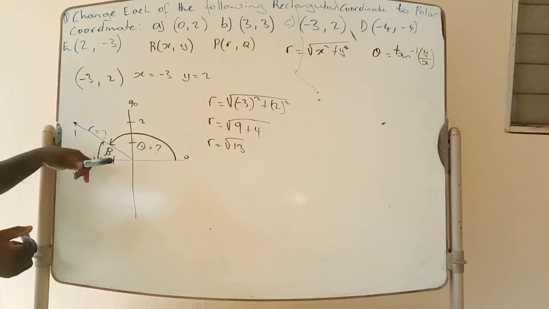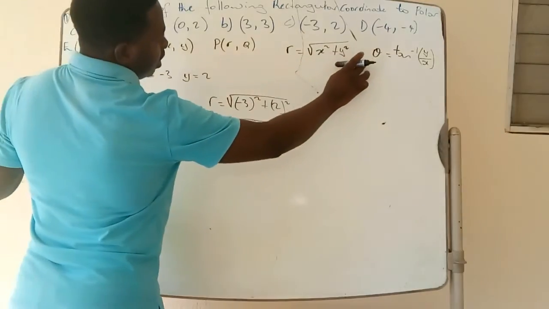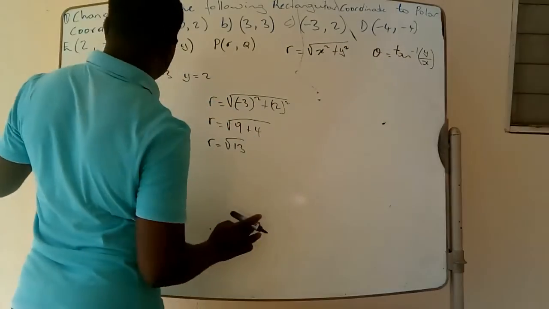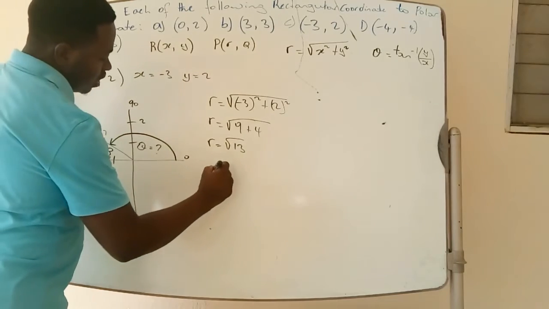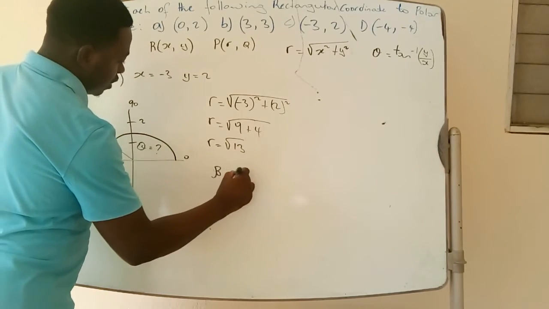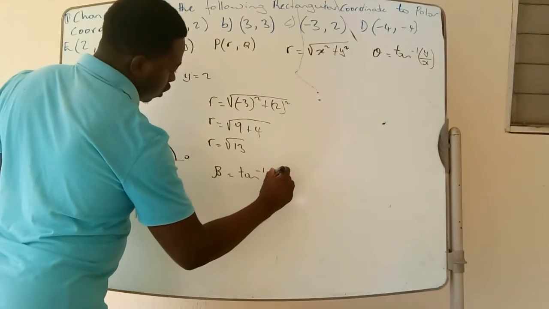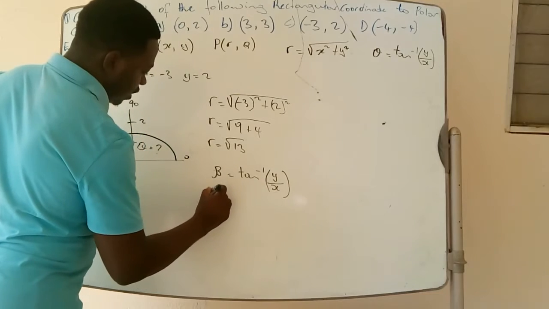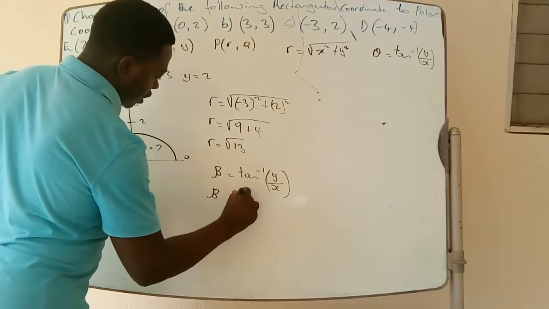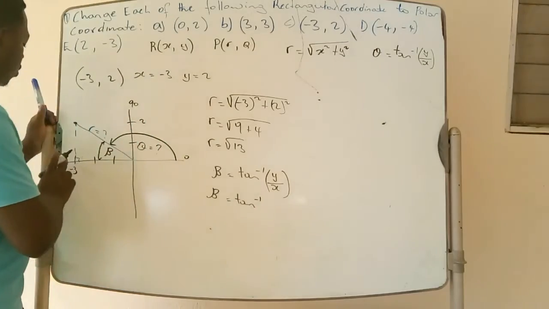Now, what we can do is to determine what beta is. Since theta is equal to tan inverse of y over x, beta is equal to the same thing, isn't it? So we can say that beta is equal to tan inverse of y over x. What is y here?